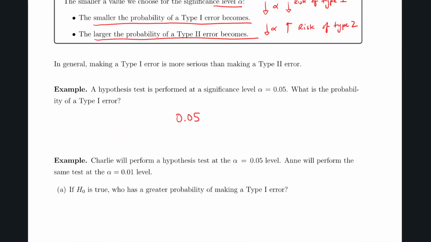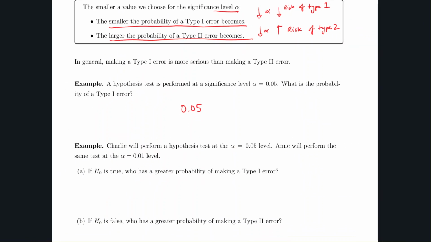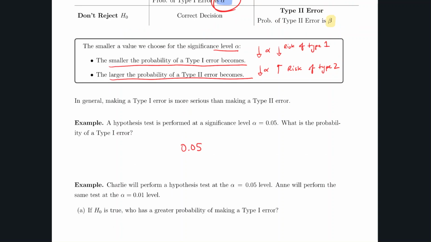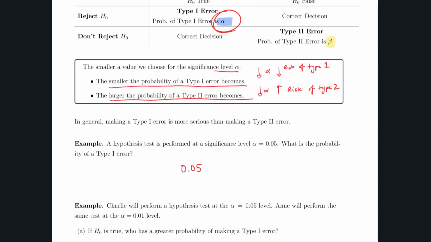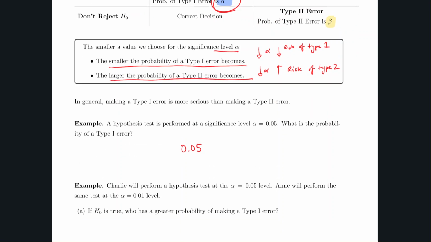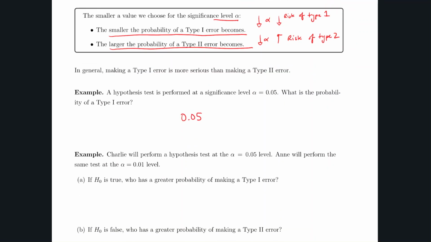Next up, we have Charlie will perform a hypothesis test at the 0.05 level. Anne will perform the same test, but she'll choose a smaller level, 0.01. If H naught is true, who has the greater probability of making a type 1 error? Okay, so remember, if H naught is true, then to get a type 1 error, we would have to reject a true H naught. And just looking at our box above, it says the smaller the alpha level, the smaller the type 1 error risk becomes.